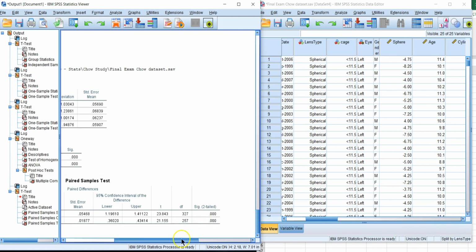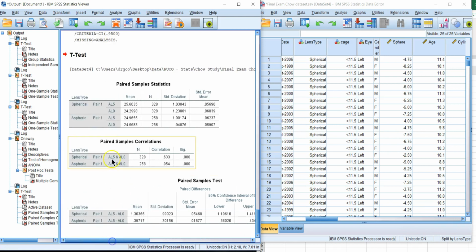But if we were to do an independent t-test between spherical and aspheric, we would see that the spherical grew a lot more than the aspheric. Another thing to watch out for is the paired samples correlation. Pre and post in the spherical were correlated with r equals 0.63, which was significantly different from 0, and so was the aspheric.